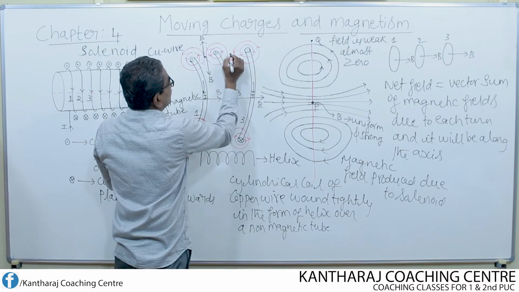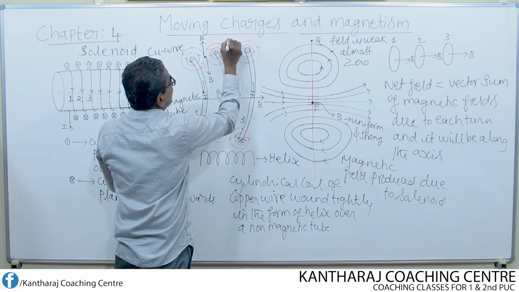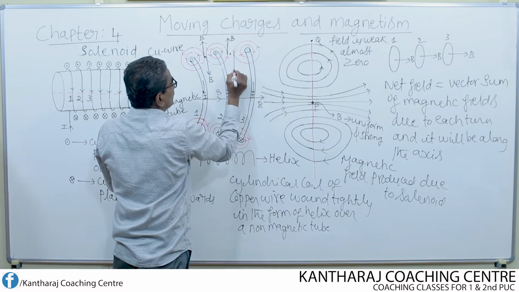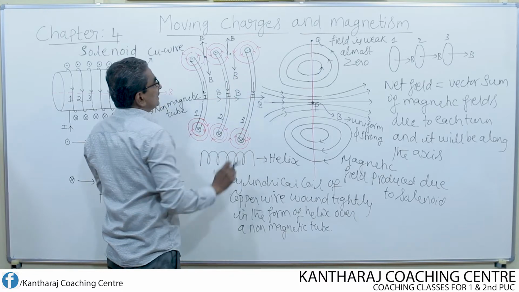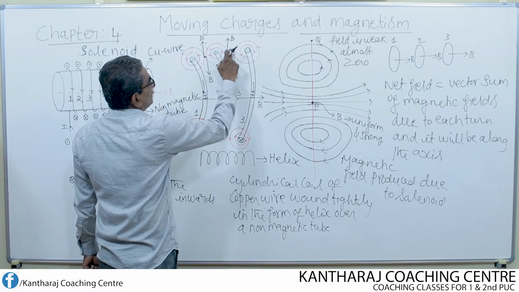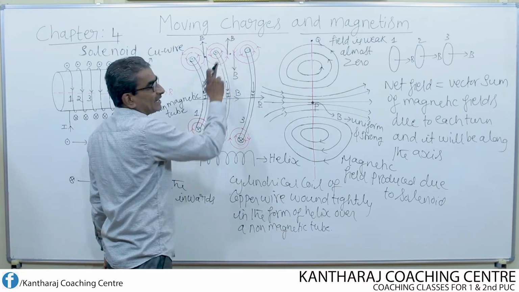With respect to this point, here I draw one tangent. The tangent drawn gives the direction of the magnetic field. Again with respect to this point, here if I draw one tangent, the tangent drawn gives the direction of the magnetic field. So overall at this point the magnitudes of the field are the same but the directions are opposite.